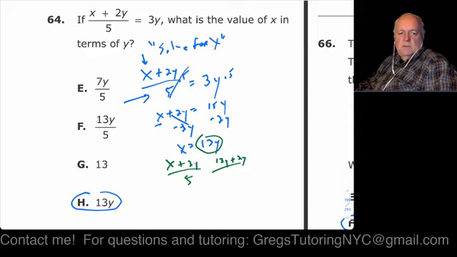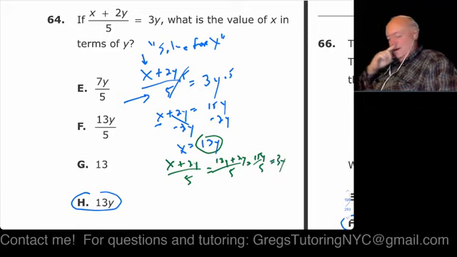That's going to be 15y over 5, and that is equal to 3y. So we have a checks and balances to run through here.